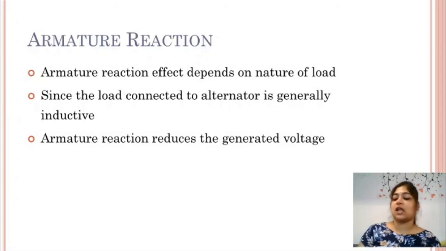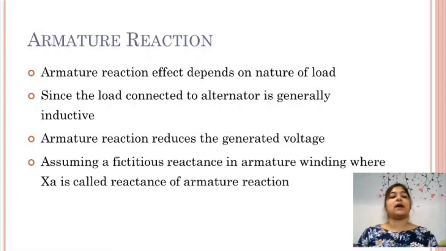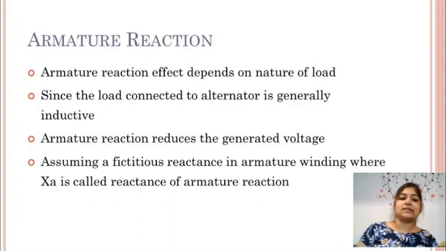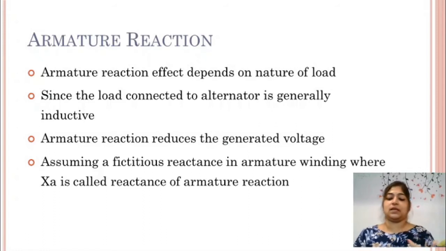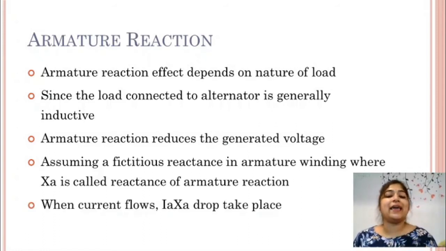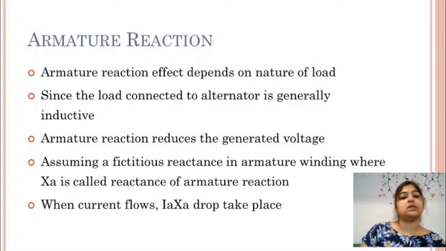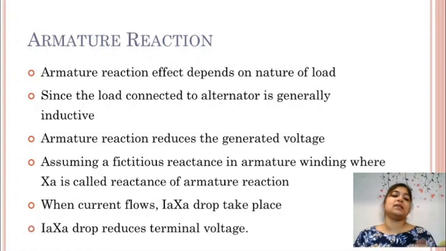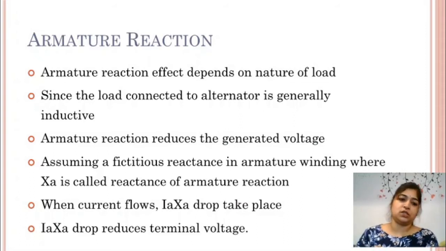That is what we saw in our last video, and this reduction in the generated voltage is nothing but a drop. We have to show this drop somehow, so we assume a fictitious reactance XA. XA stands for reactance of armature reaction. So we assume a reactance XA, and when current IA flows through it, we say that there is a drop called IAXA drop. All these three reduce the terminal voltage, and hence these three are called drops. So the IAXA drop also reduces terminal voltage.